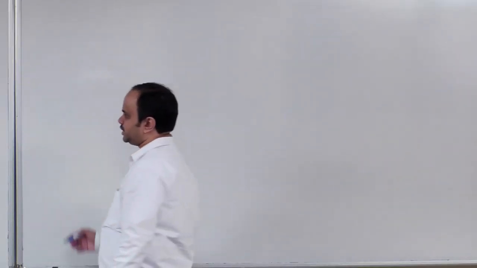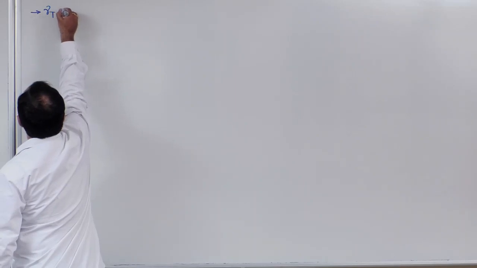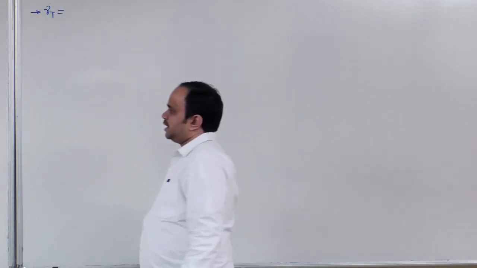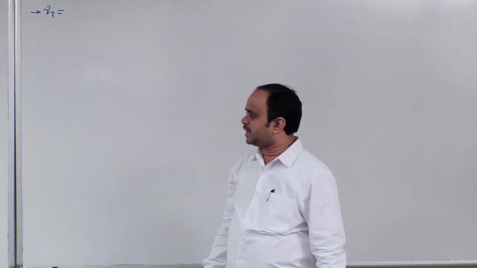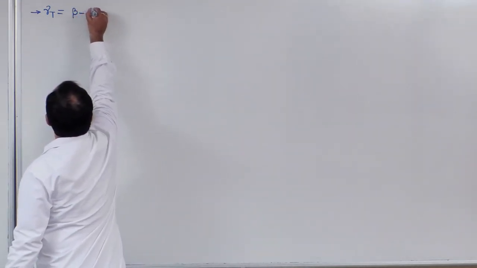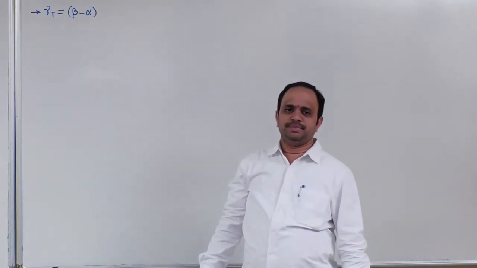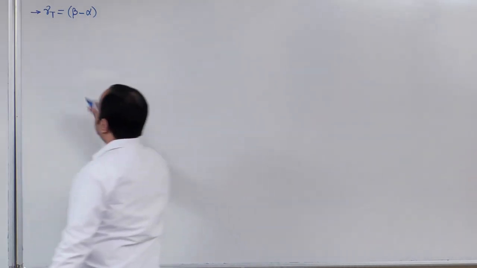The first conclusion is the conduction angle for SCR, gamma T. SCR is in conduction from alpha to beta, hence we can write gamma T is equal to beta minus alpha.